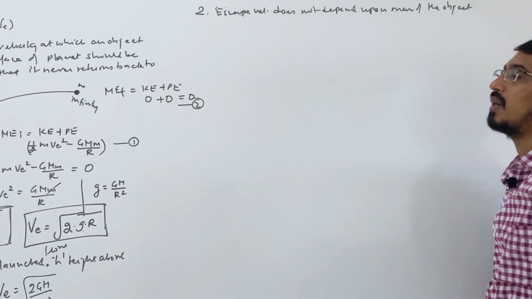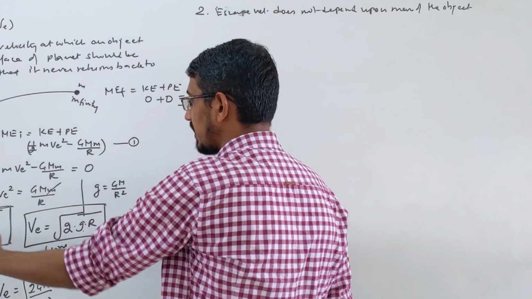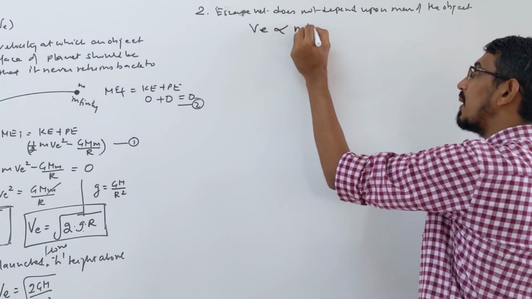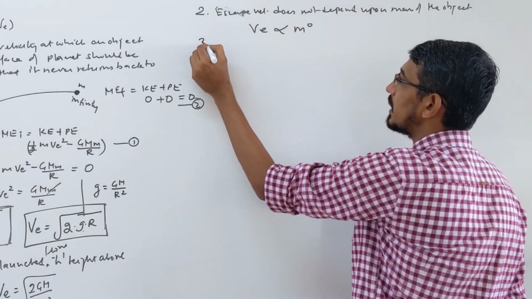If we are launching an object of mass m, then in this formula you see that small m is not coming. So V escape is proportional to m power 0, it does not depend on the mass of that object.